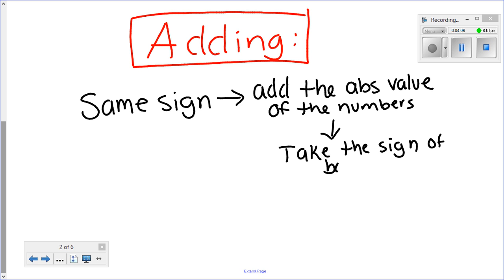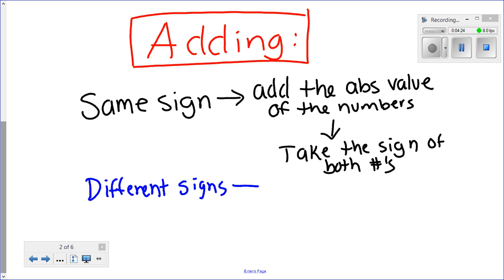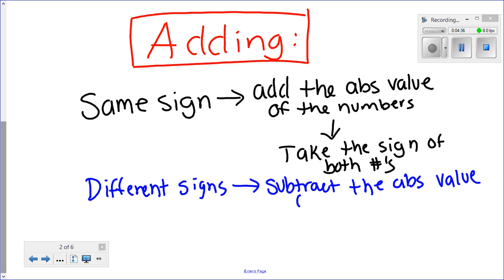Do you have to write down everything I am saying? No, but you need to write down the important things. And this is an important fact in math. The only other thing you could have when adding, because you have changed everything from subtraction to addition, is different signs. And when you have different signs, you are going to, you guessed it, or knew it, subtract the absolute value of the numbers.